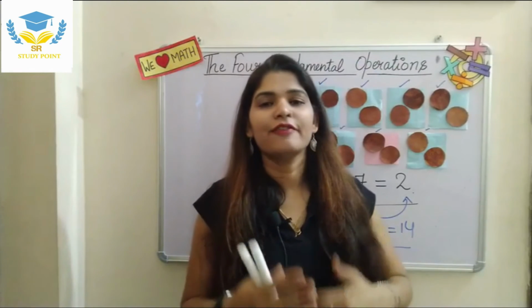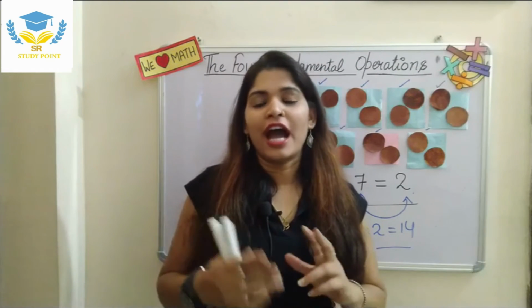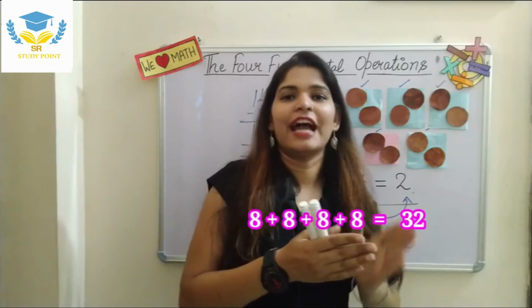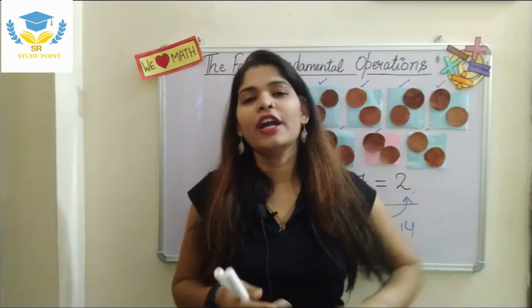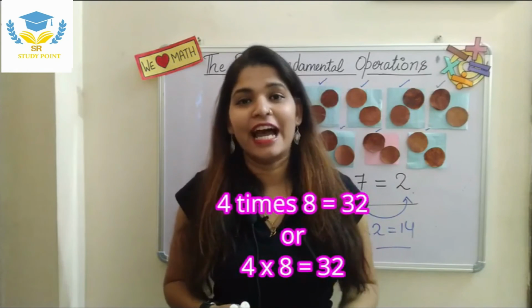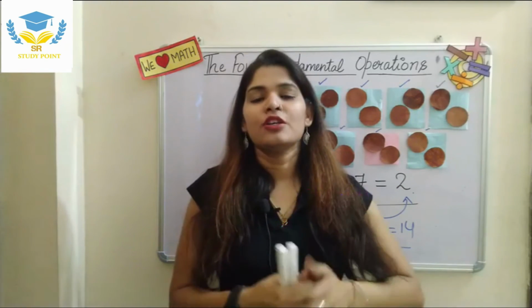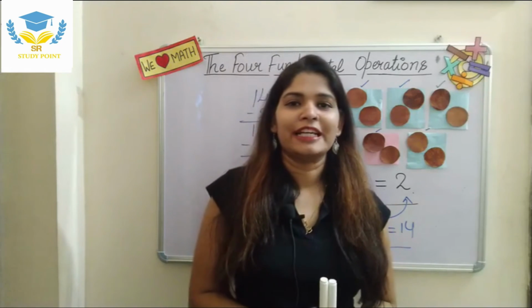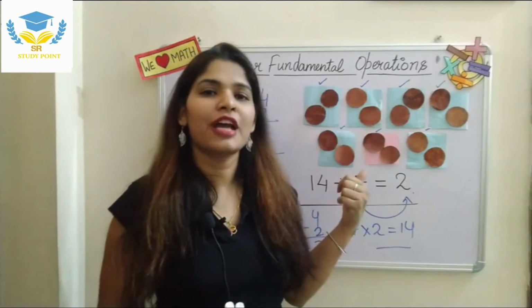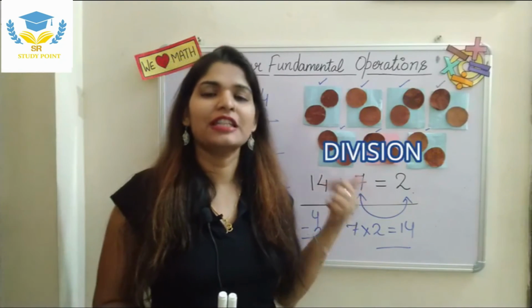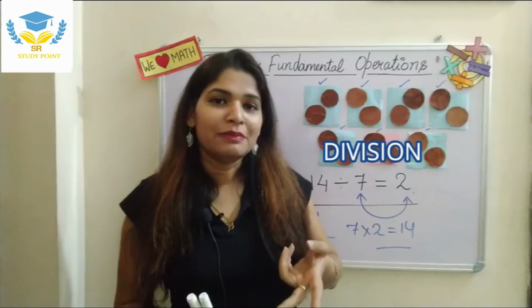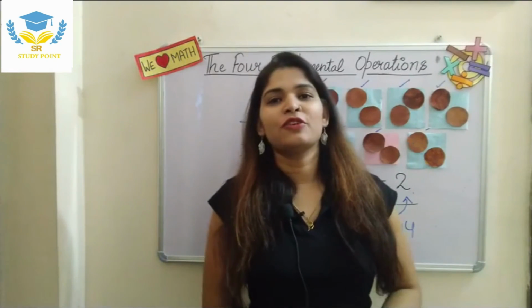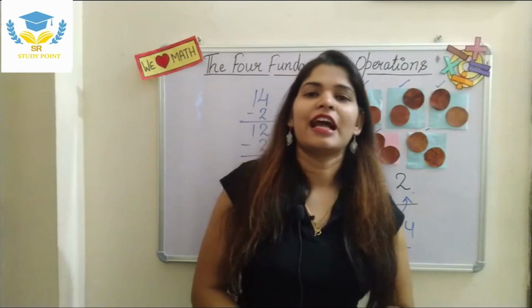Like if we have 4 eights, I can add 8 plus 8 plus 8 plus 8, that will be 32, or else I can do 4 times 8, that is also equal to 32. So multiplication is also known as repeated addition. And the last operation we have seen is division, that is also the backward multiplication or repeated subtraction.